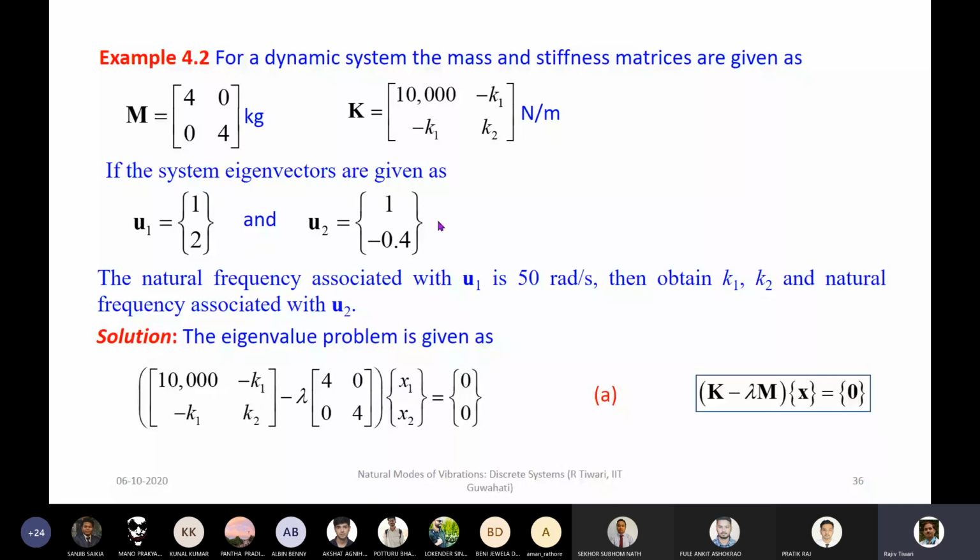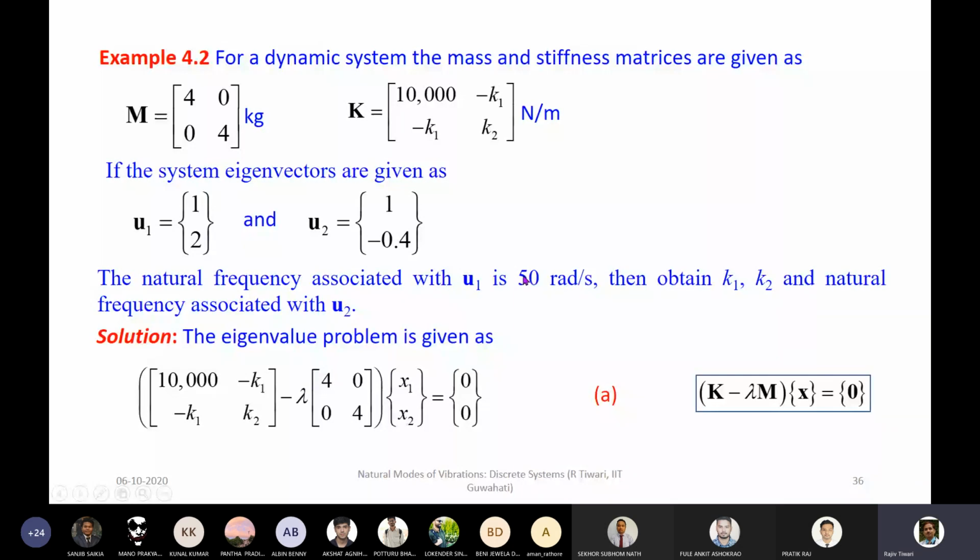In some practical applications, this kind of requirement can be there, that we need a particular mode shape and want to know what the stiffness of the system should be. Even the first natural frequency is specified, but the second natural frequency is not specified.